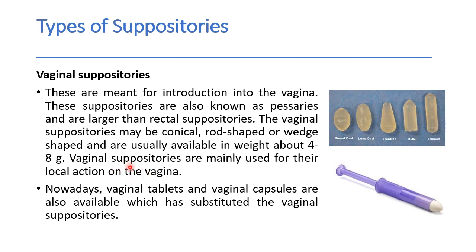They are mainly used for local action on the vagina. Vaginal tablets and vaginal capsules are nowadays available, which have substituted the vaginal suppositories. Usually, vaginal suppositories are provided with an applicator to make it easier to introduce the suppositories into the vagina.